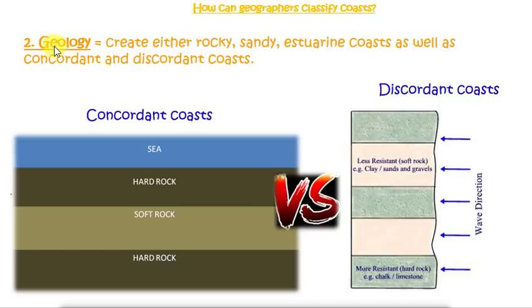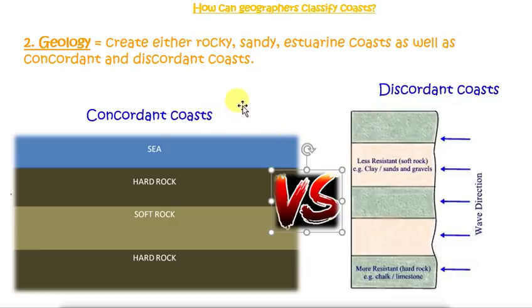Focusing still on the classification using geology, we can also think about how rock and geology is aligned in relation to the ocean. There's two types primarily.